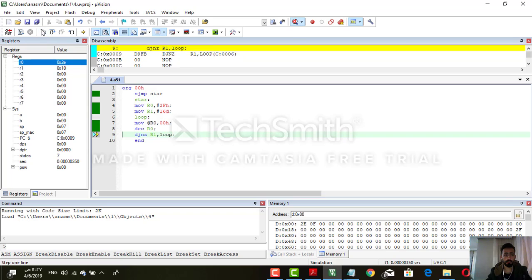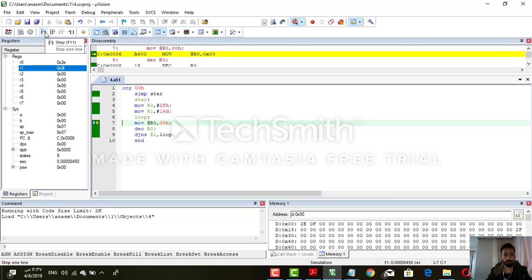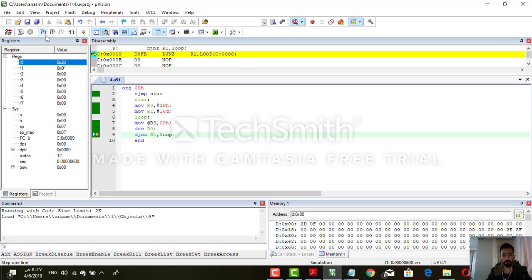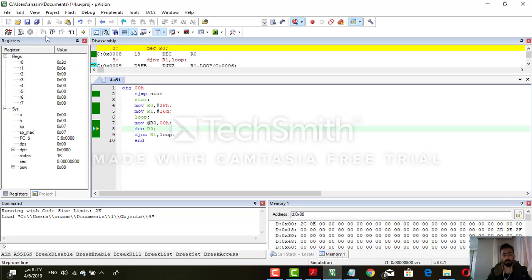After that, it also moves 00 hex to the 2e here. After that, it will be decreased to 2d. After that, decreased to 2c.